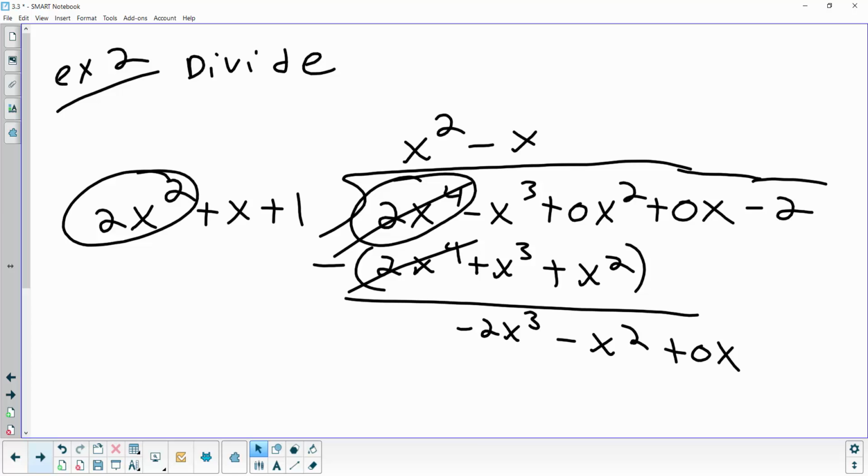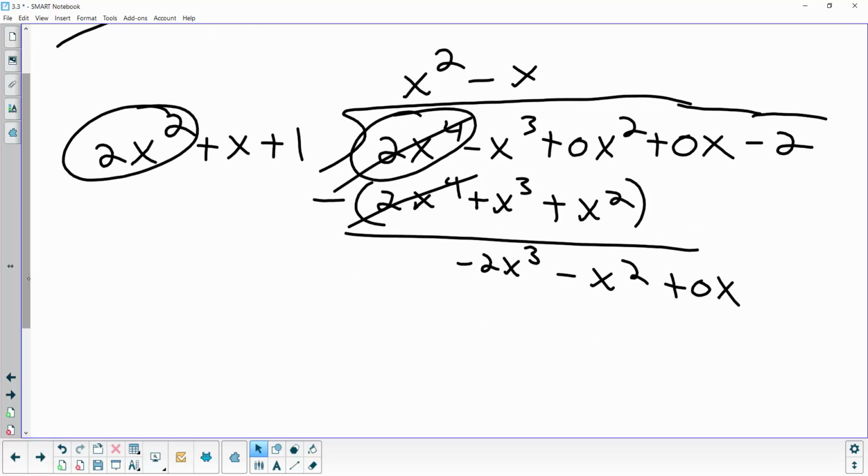Multiply it back out. Sarah, what's negative x times 2x squared? Negative 2x cubed. And Francesca, what's negative x times positive x? Negative x. So remember, we're not multiplying by 1.